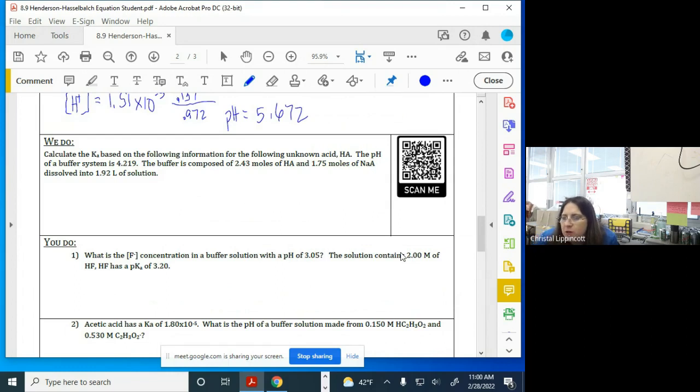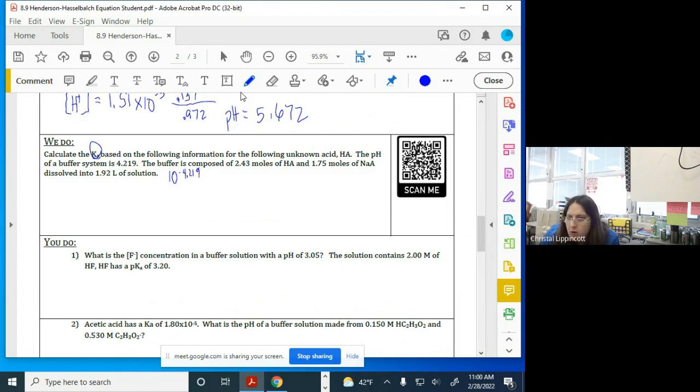So this one, they want us to calculate the Ka value. They're not giving us the Ka. That's what we're solving for. It's an unknown acid. pH is 4.219. So if I take 10 to the negative 4.219, that's going to give me my H plus concentration.